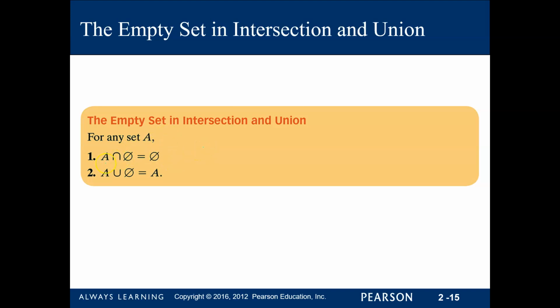Let's say A intersection with the empty set: there is no intersection because this is empty. When we talk about A union with the empty set, you are not adding a new element, so it's just the original set.